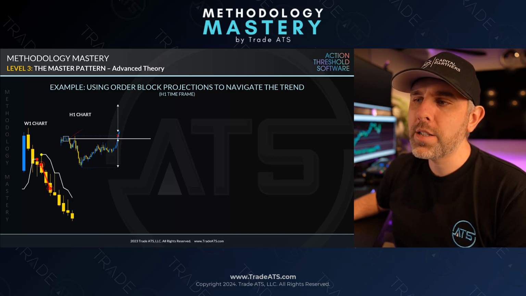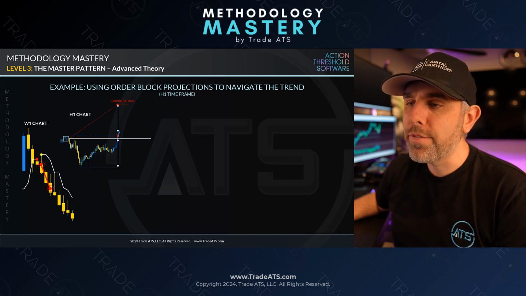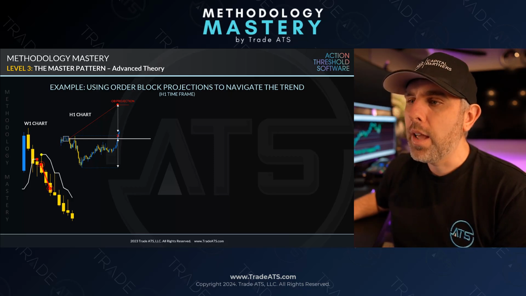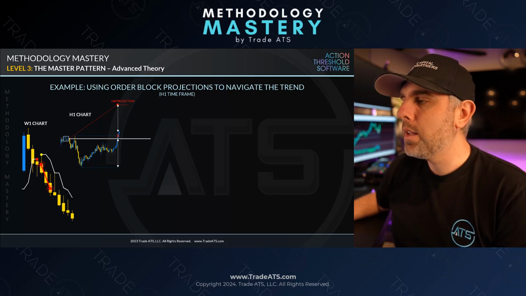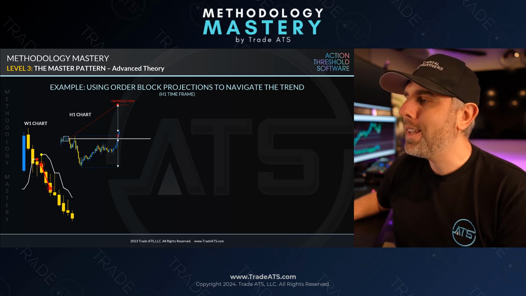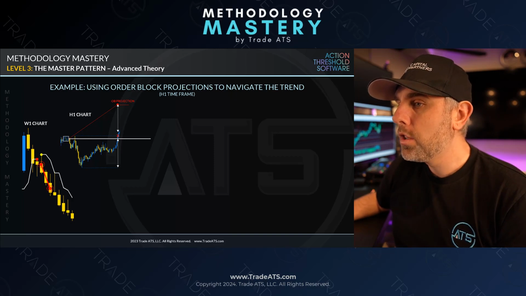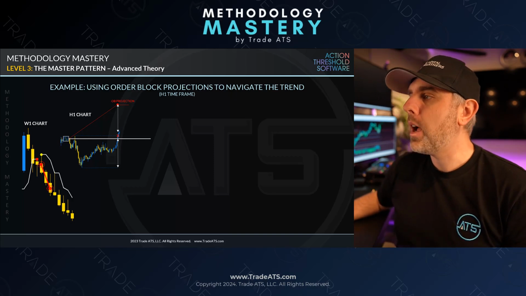If we project out, you measure down to the confirmed swing low point of this cycle, and then you measure to the swing high liquidity that we came through on the red X. You take 100% of that from the exact low to the liquidity and project upward. That is your order block projection to the upside.